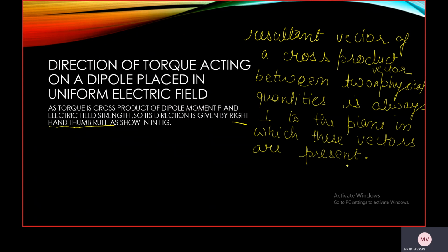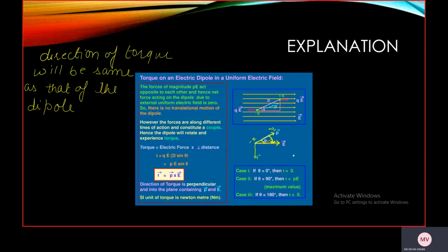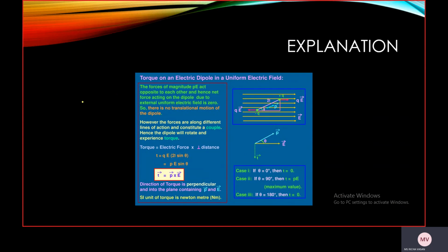And if we talk about the right hand thumb rule, how will it help us in finding out the direction of the torque? Then we will consider the curling of fingers in the plane in which our vectors are kept. So as you can see in this diagram, P and E are kept in the XY plane. This is the XY plane.